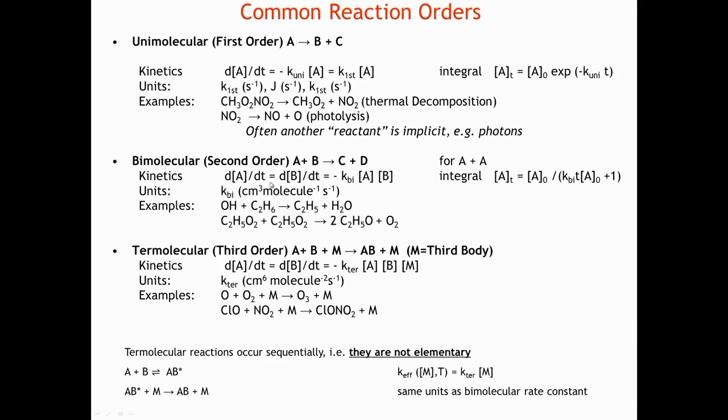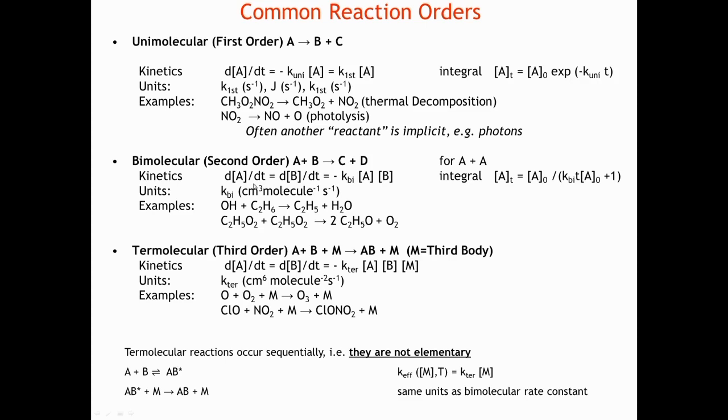So the dA by dt equals dB by dt equals minus, because it's a destruction, so it's minus, this is a consumption of A times B. So your units of a bimolecular reaction rate are centimetres cubed, or volume, divided by per molecule per second.